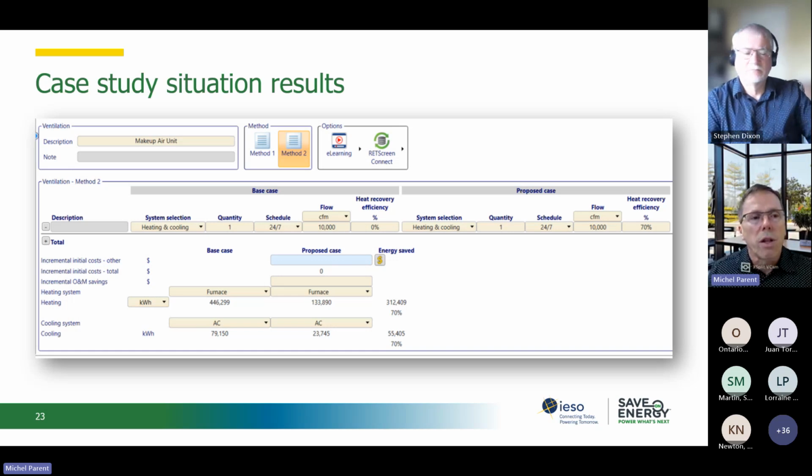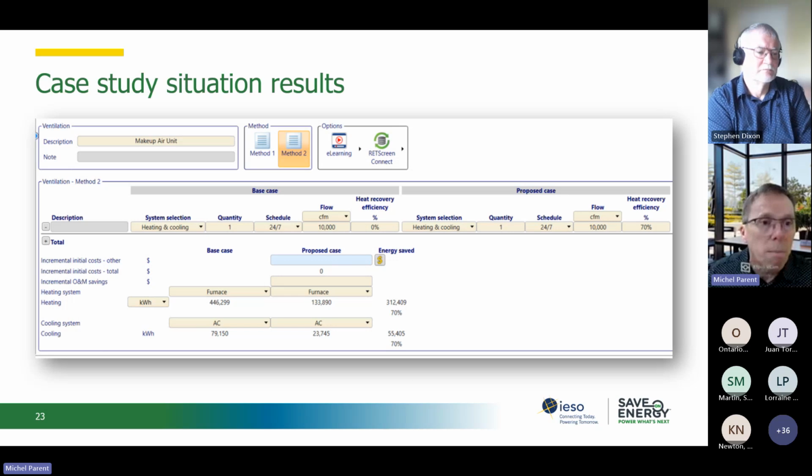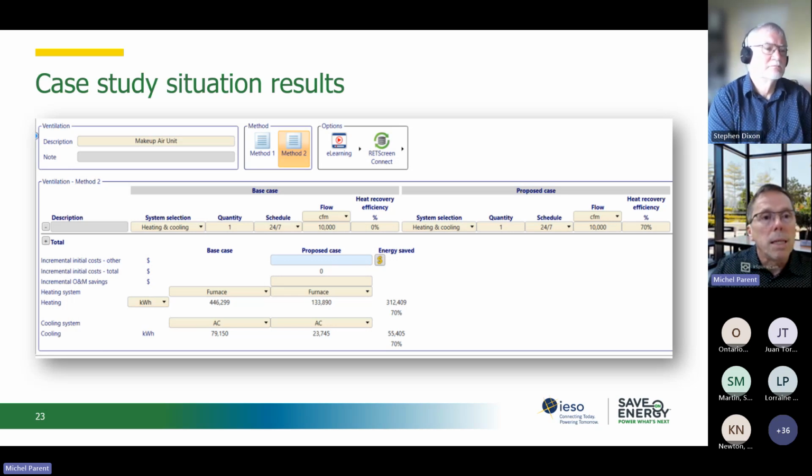Schedule defines not only the hours of operation of the system, but also the temperature. And in this case, the makeup air unit is not trying to maintain the space temperature. That is usually done by baseboards or other equipment. So in this case, you have to define a schedule that has a temperature that actually is dedicated to the makeup air unit. So that's where it's going to make a big difference in your results.